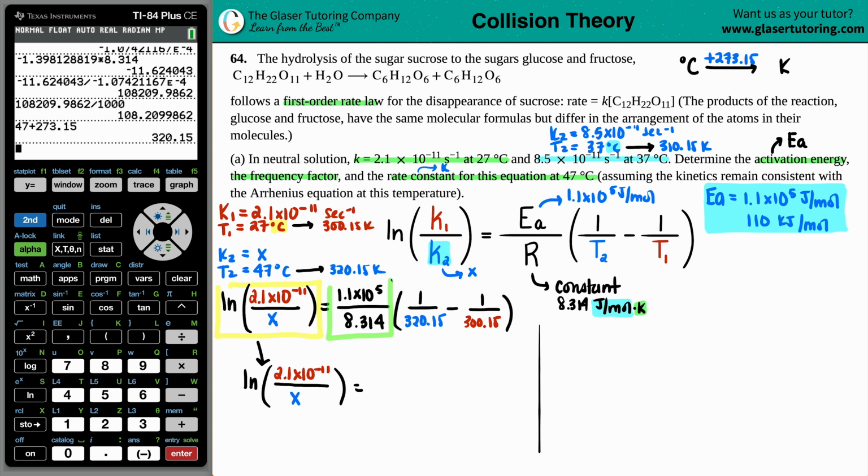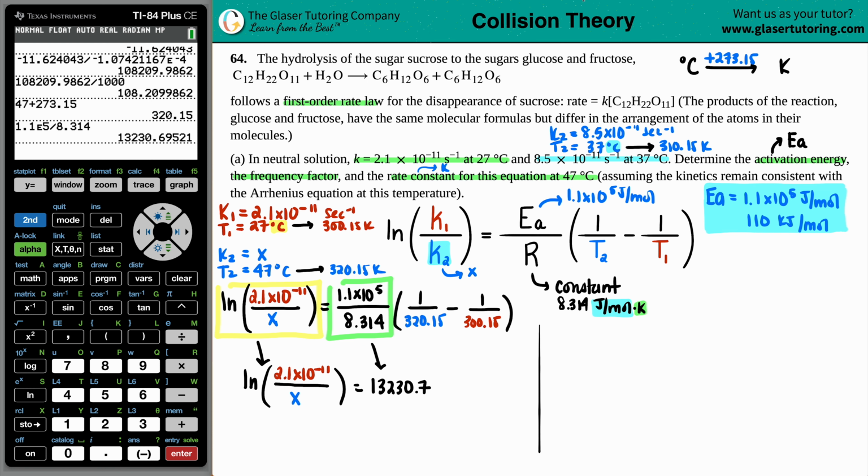This we can now do because it's just a number over a number. So we're going to do 1.1 times 10 to the 5th divided by 8.314. And we get a large value, 13230.7. So that's that guy.